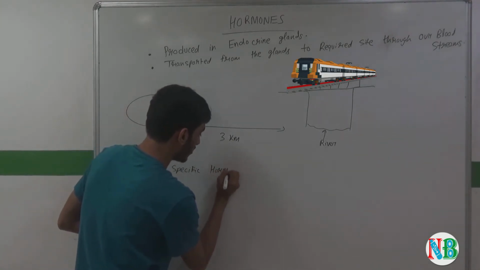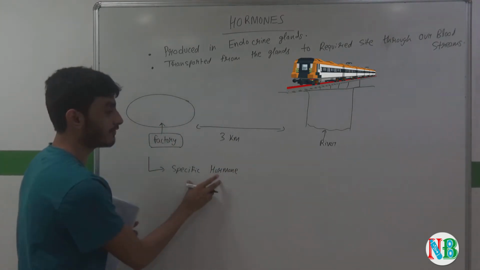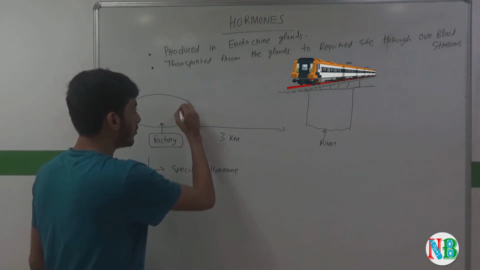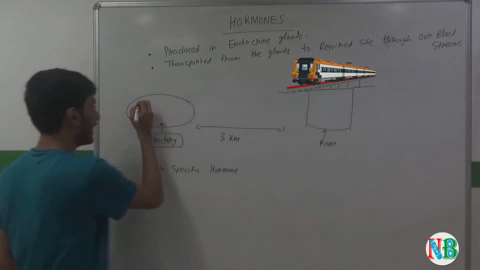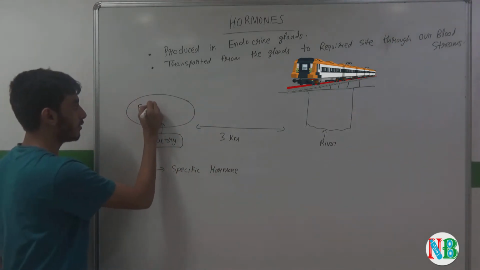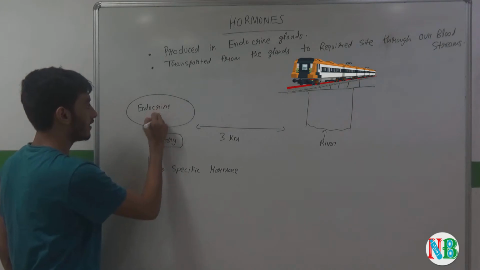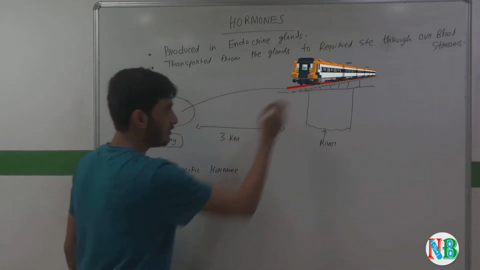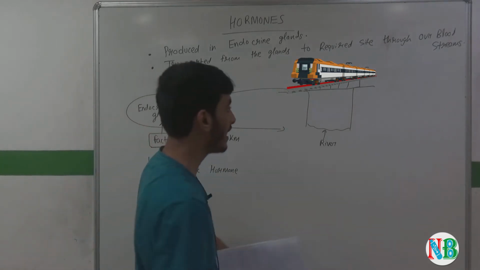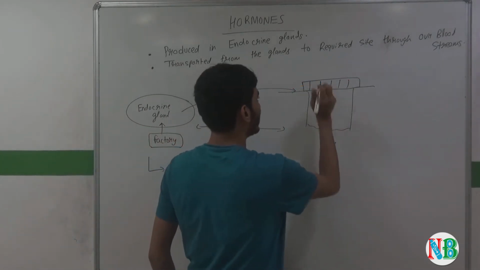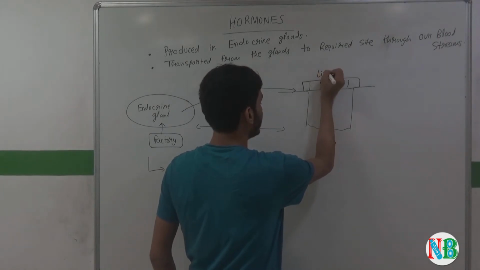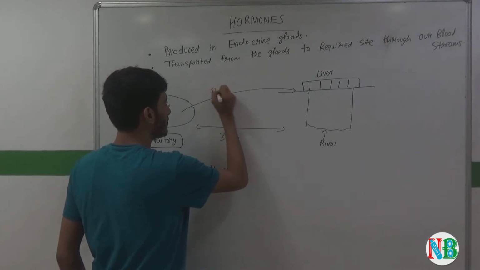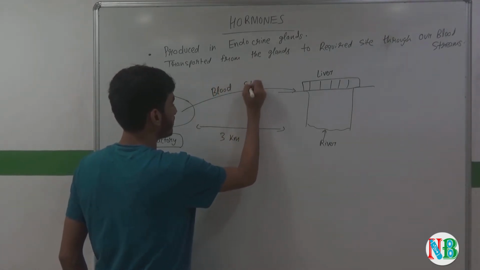So first of all, I need a specific hormone. I need a specific hormone to do the job. Then I will transport the hormone from my endocrine gland to the required site, which may be my hand or my leg, or suppose this is your liver, through the bloodstream.